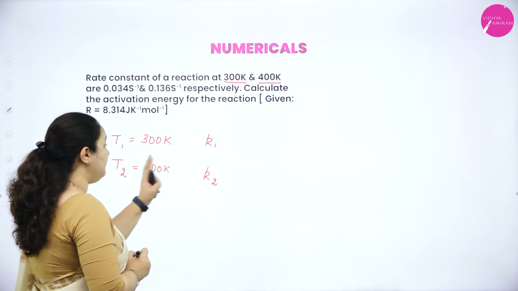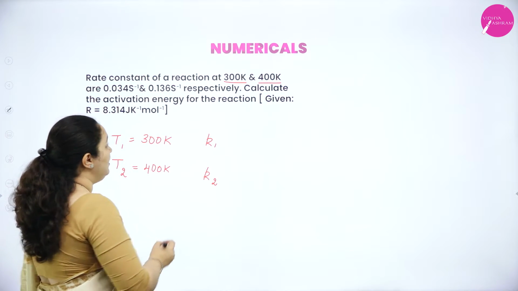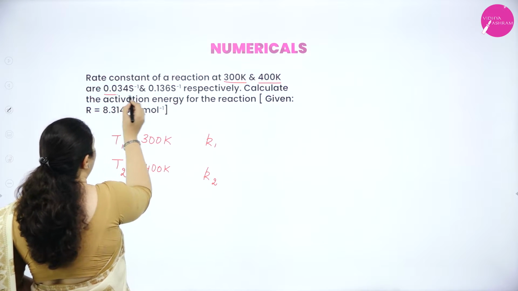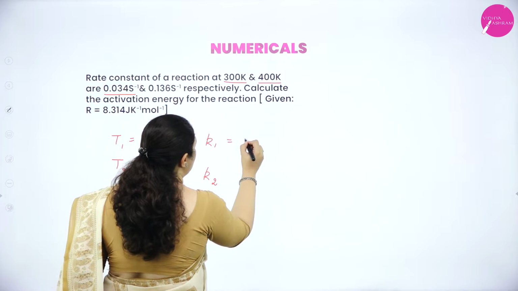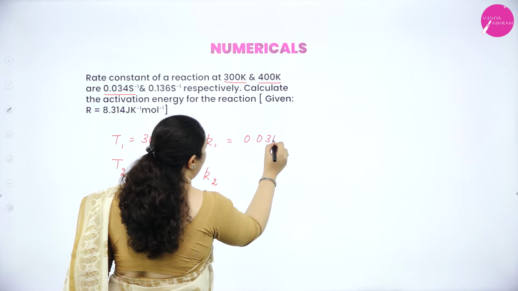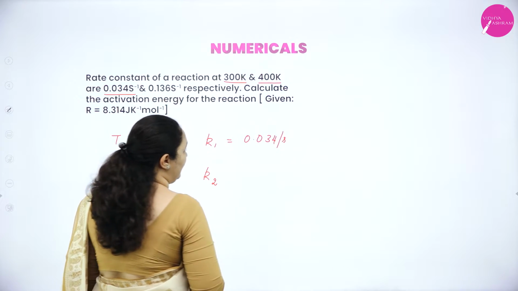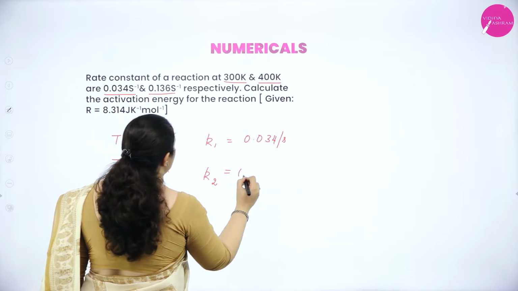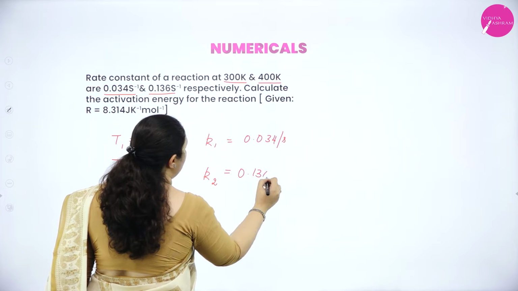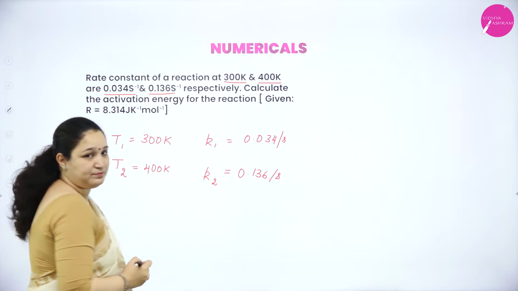And the respective rate constants you have to write. So for 300 Kelvin the rate constant is 0.034 per second, and for 400 Kelvin it is 0.136 per second.